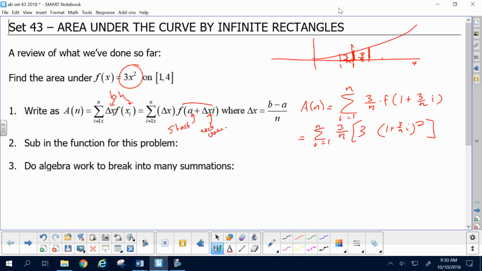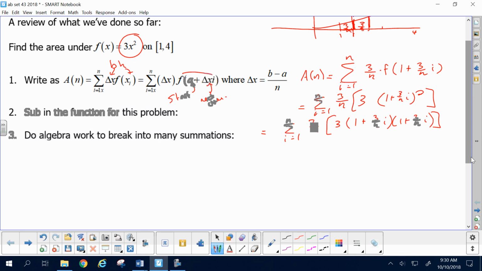Then the part where we're gradually adding in is breaking this up into lots of little pieces, and today you'll see why we would want to do that. I could, maybe in 2 steps, clean this up pretty well. I could put 3 over n out front and 3 times, and when I square that, maybe I should do this in 2 steps. I don't want to skip steps and get confused, so I'm going to be careful. 3 over n.